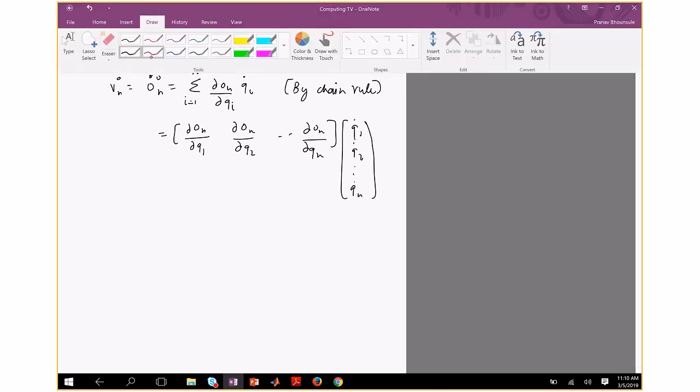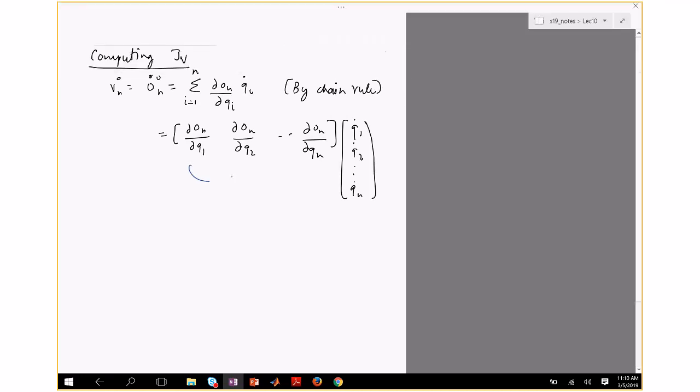So this term is J_v. Or in other words, V_n^0 is J_v q dot. Okay, I'm not done yet. I still have to find J_v. I wrote it down as the partial of o_n with respect to q1, but what is that? And so we'll see that.